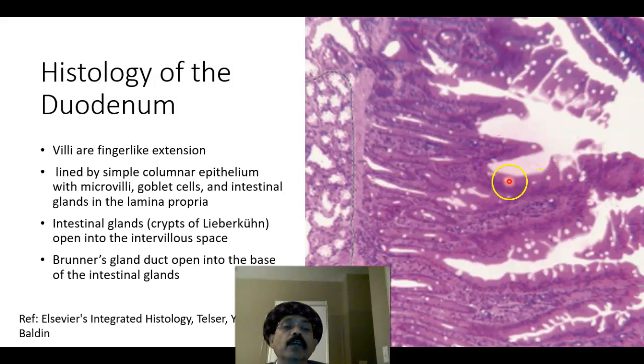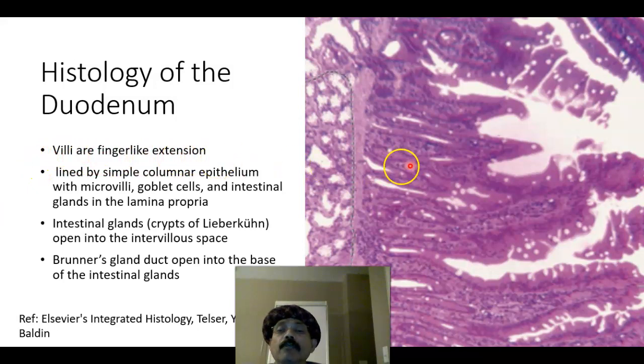These are unicellular mucus secreting cells present throughout the small intestine. They are more prominent in the ileum than in the duodenum, and the villi are very prominent in the duodenum, taller and more numerous than in the jejunum and the ileum.